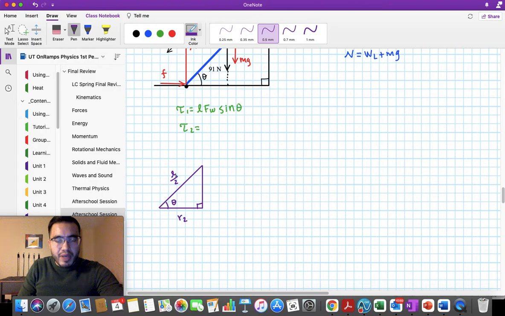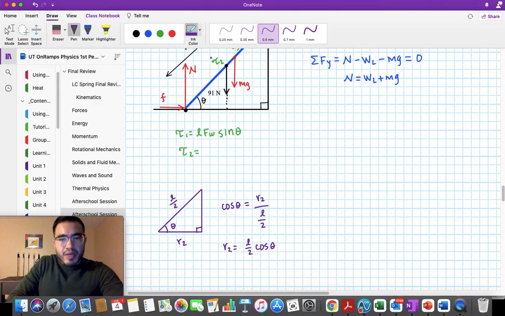I have the hypotenuse and adjacent, so I have to use the cosine. So the cosine of theta is equal to adjacent divided by hypotenuse. So then R2 will be L over 2 times the cosine of theta.